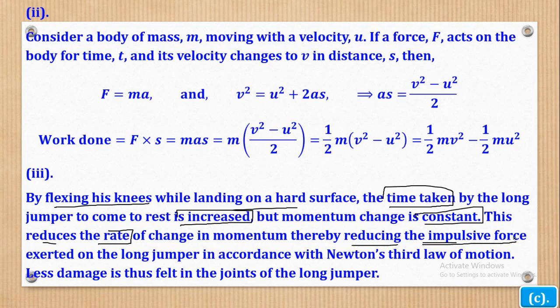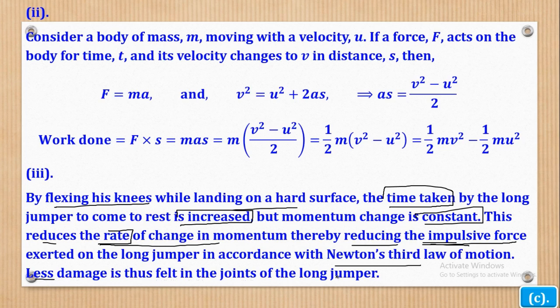Remember, rate of change in momentum is proportional to force. Therefore, when the rate of change in momentum reduces, also the force reduces. So it reduces the impulsive force exerted on the long jumper in accordance with Newton's third law of motion. Less damage is thus felt in the joints of the long jumper.